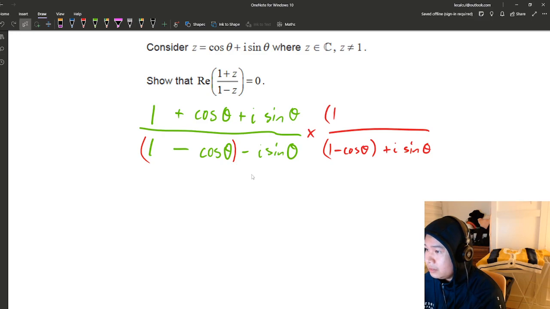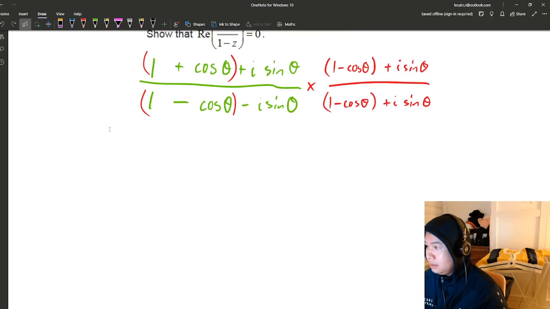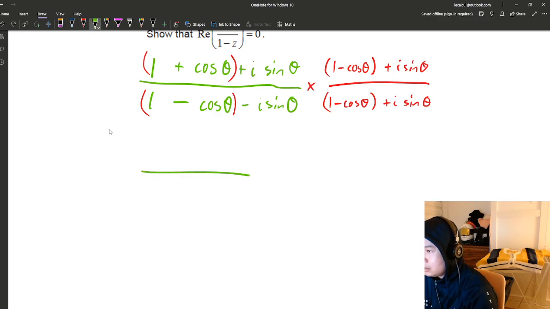So then I'll have 1 minus cosine here plus I sine here, and then, okay, I'll leave a comment to make sure that you skip to the actual proper part.